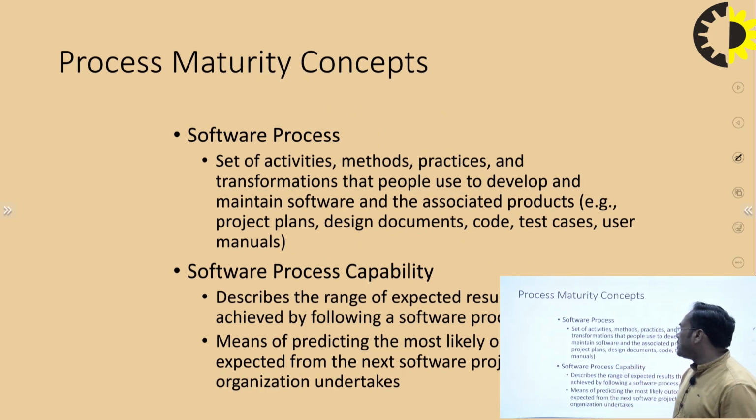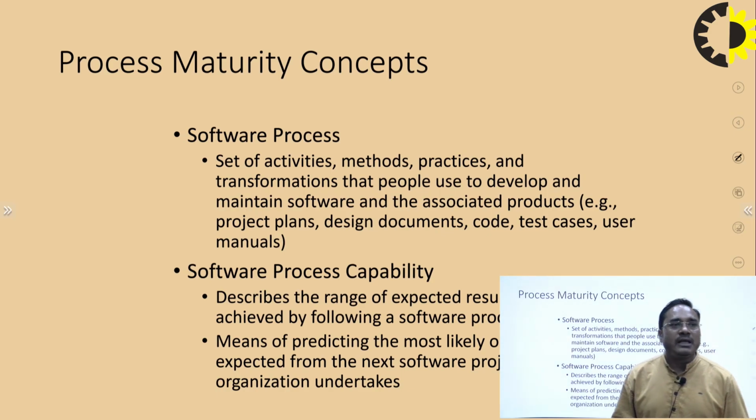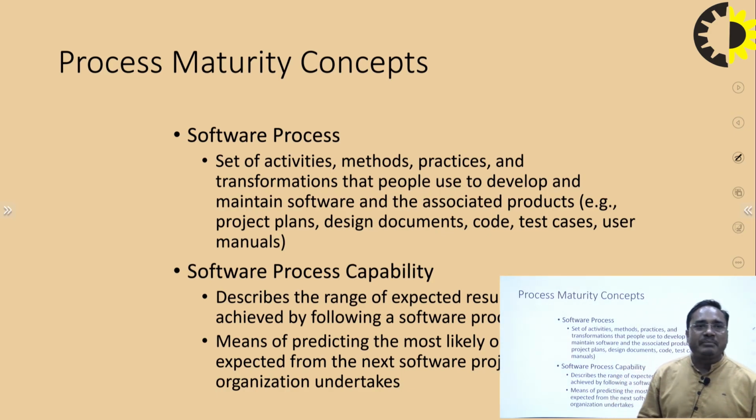Process maturity concept, software process. A software process is a set of activities, methods, practices and transformations that people use to develop and maintain software. People use these activities, methods and practices to develop an efficient software.